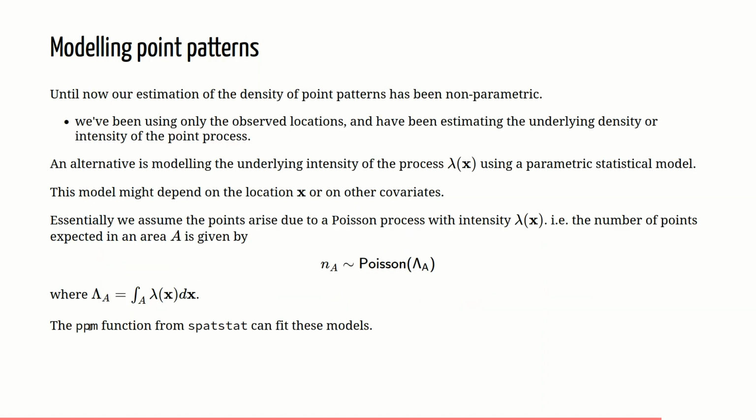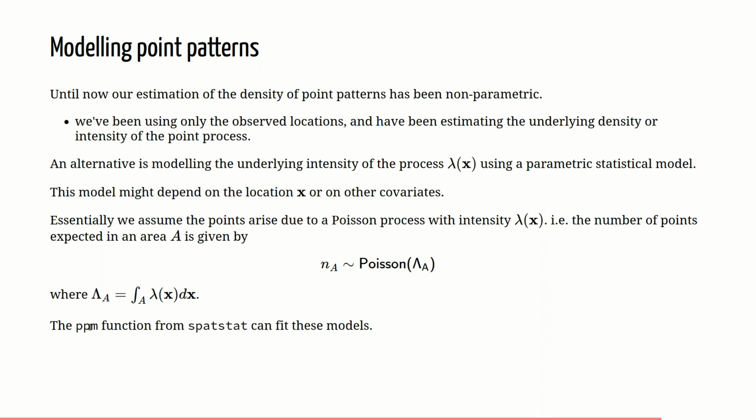The models that we're going to be looking at are going to assume that we have an inhomogeneous Poisson process. That means that the intensity of the points only depends on where they are and some underlying trend.